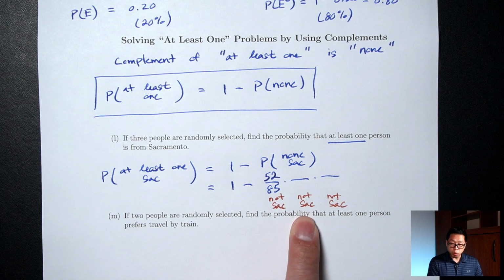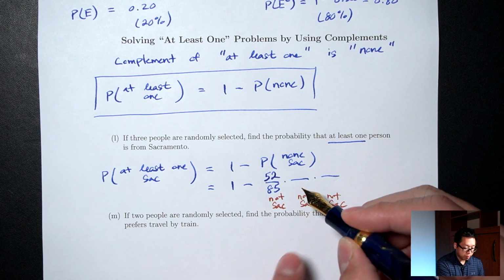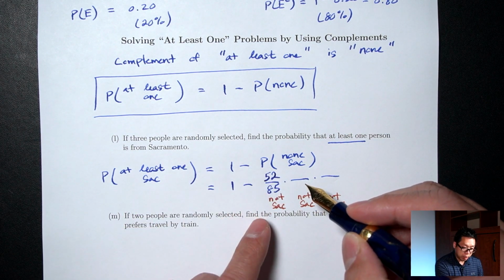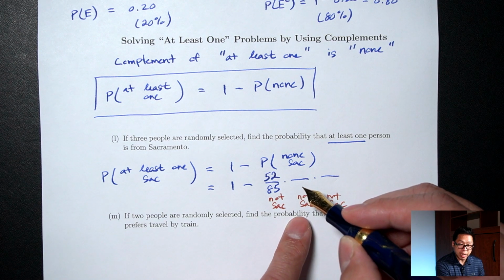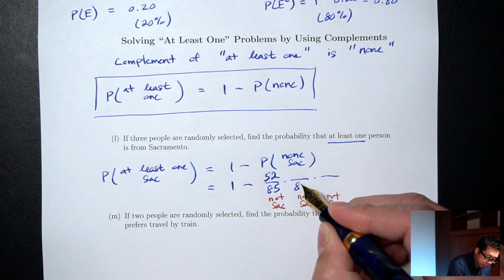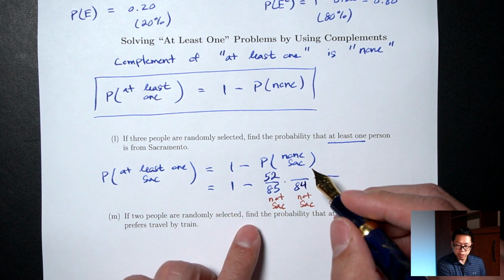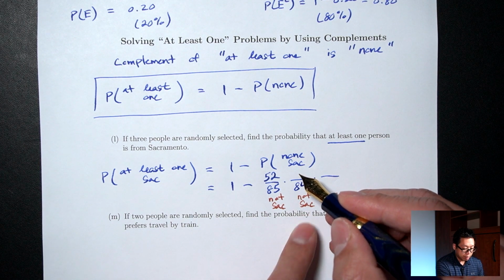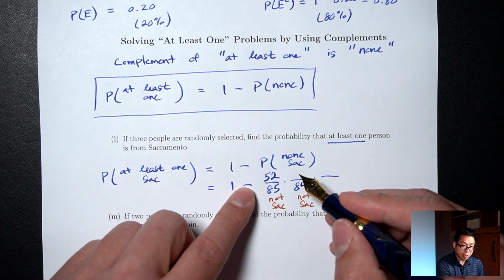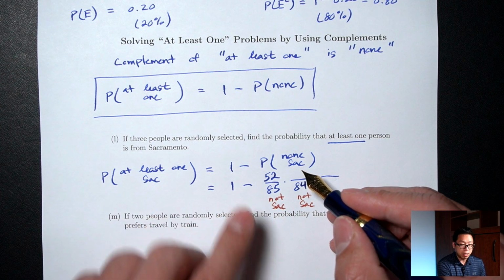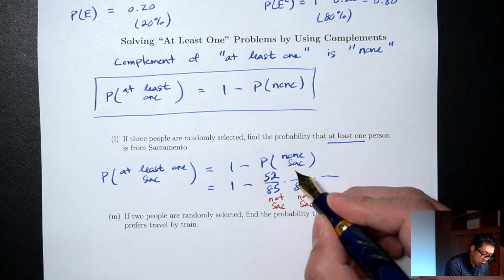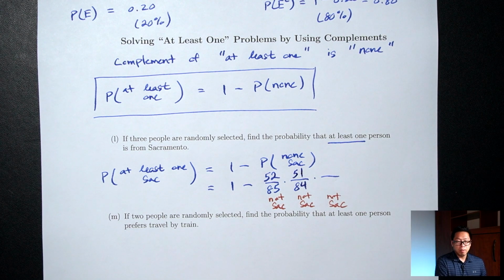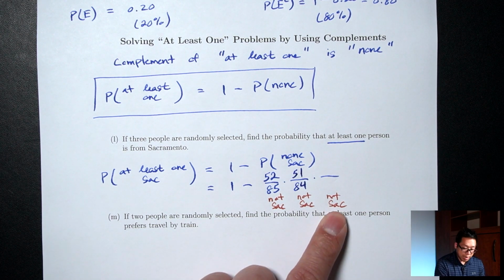Second fraction, I also want to be not Sac. So the bottom, keeping in mind that we picked one person already, the total is down to 84 because we can't pick that person again. For the top, I also want to be not Sac. The total was 52, but because I already have one not Sac, I have to reduce that down to 51. For the third person, I also want to be not Sac.